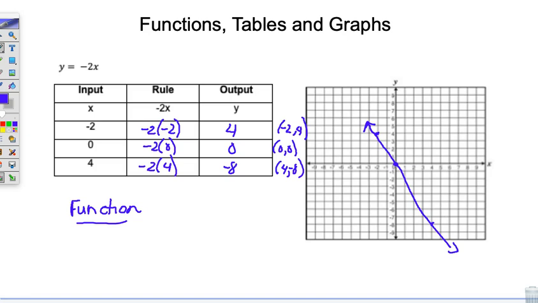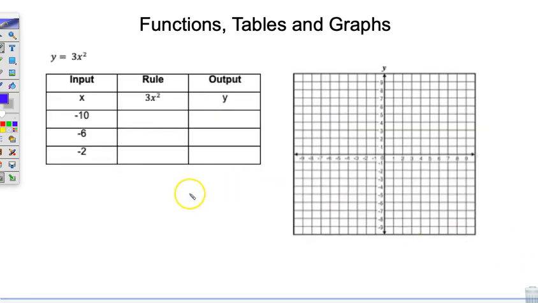Let's check out another example. This time we have an exponent in here. So when we replace x first with -10, we have to make sure that we raise it to the second power. So we want to do this first because you always do exponents before you do multiplication. So -10 times -10 happens to be 100. 100 times 3 is 300.